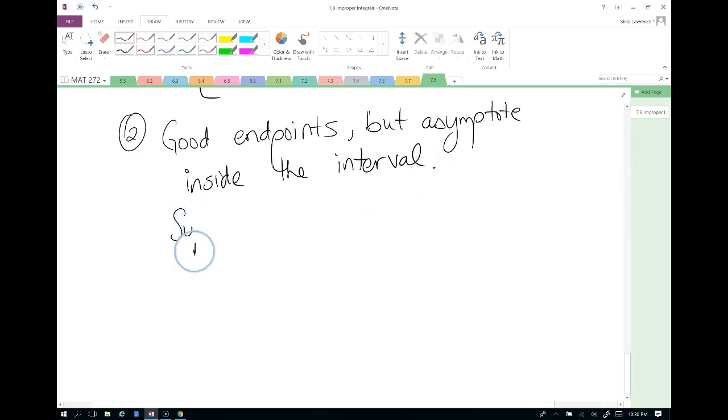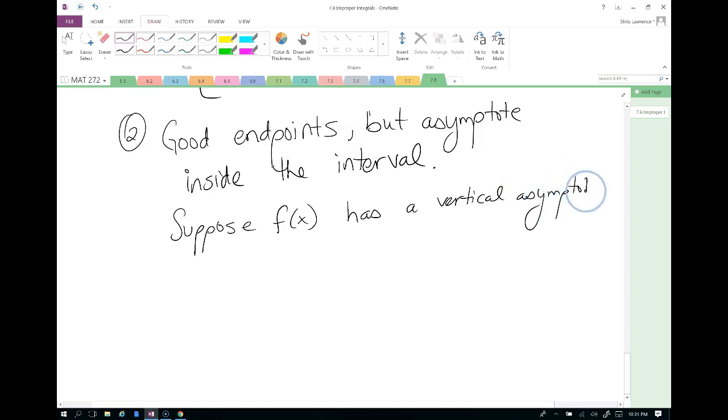So suppose f of x has a vertical asymptote at x equals c, where a is less than c is less than b.